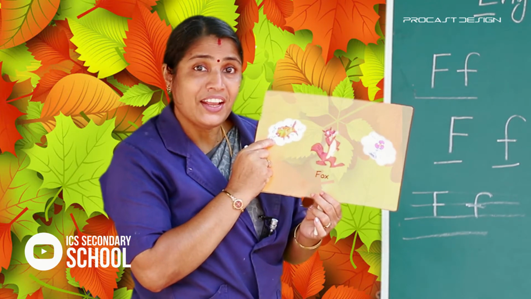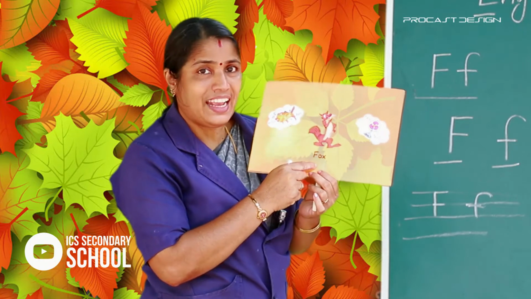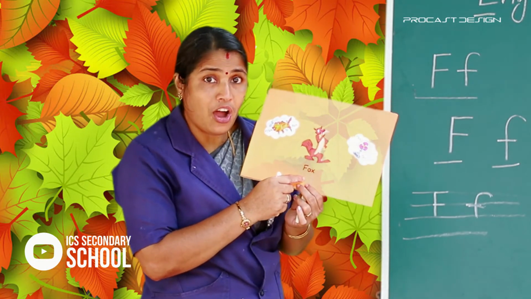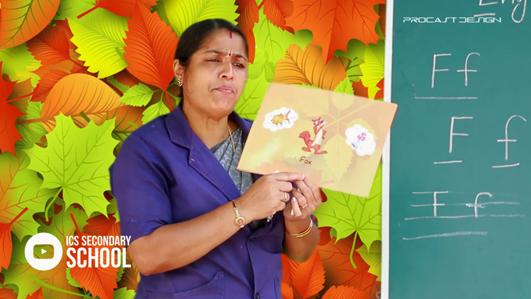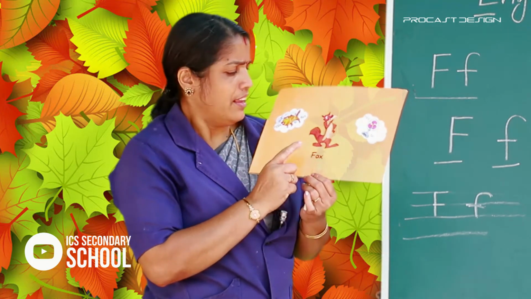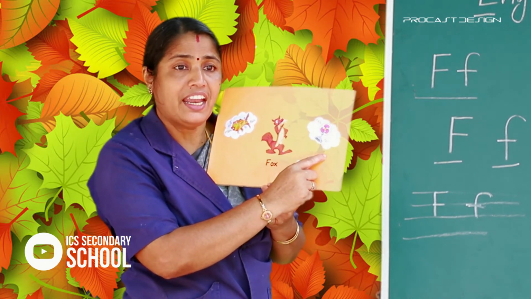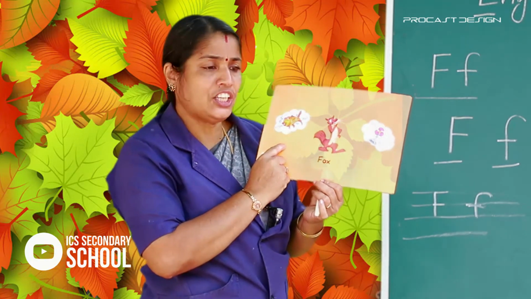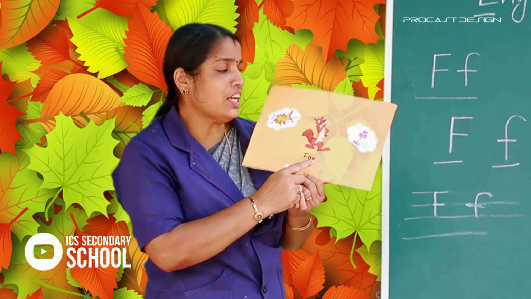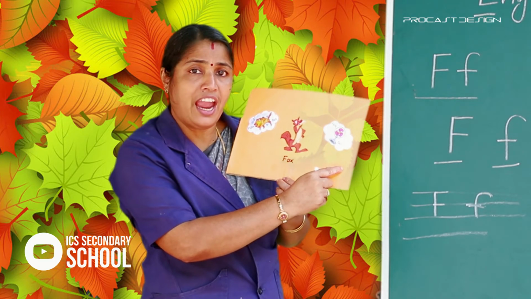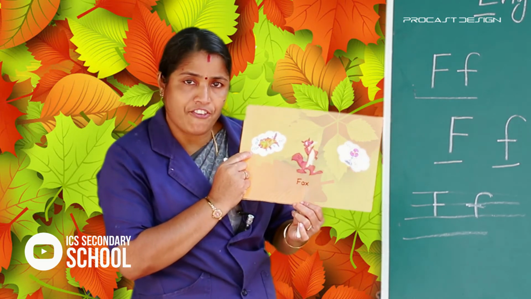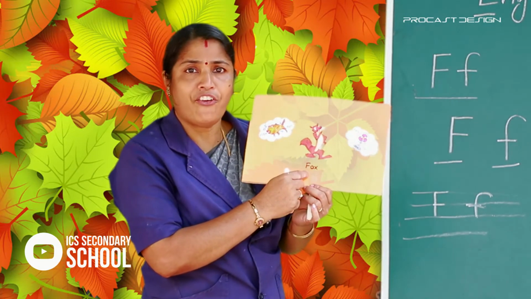F for fish. Next. F for fox. All of you say with me. F for fox. Next. F for fan. F for fish. F for fox. F for fan. Say F for fish. F for fox.